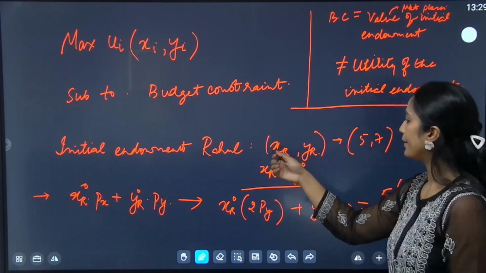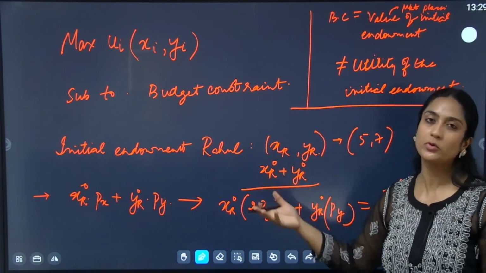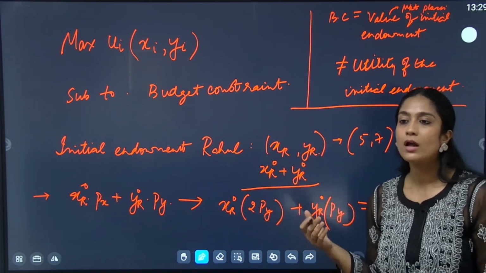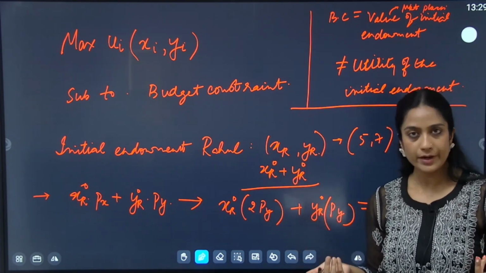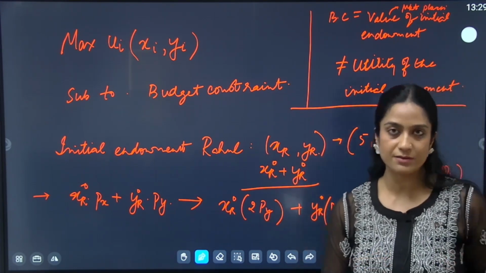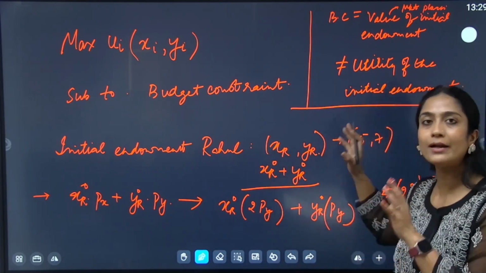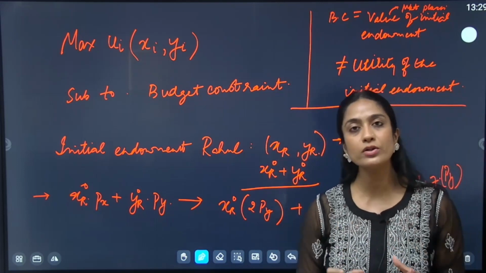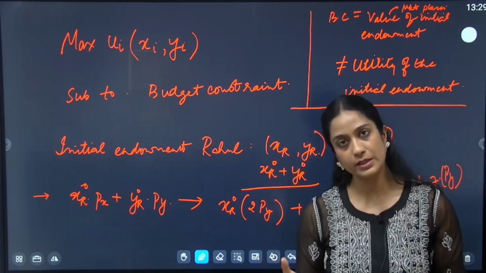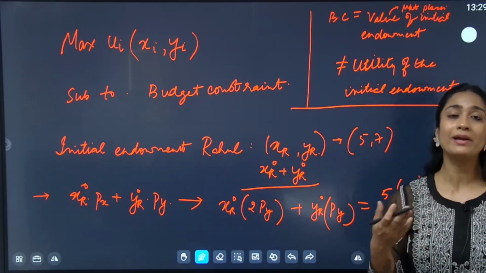Because this bundle will give some utility to Rahul and some other utility to Fiza, right? Utility is agent specific, but the value that the market places on a particular bundle of goods is the same for everyone. ठीक है? तो बजट अब 100 रुपए तुम्हारे लिए और मेरे लिए एक ही होने चाहिए ना.